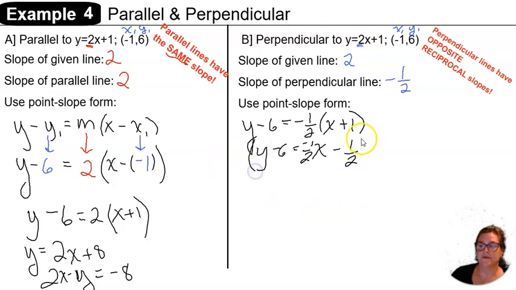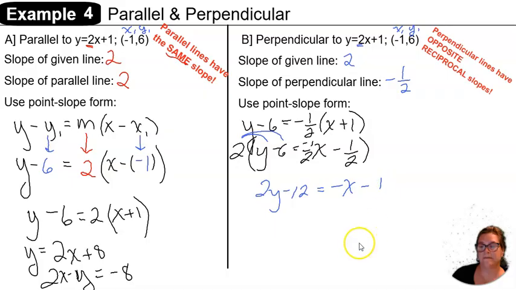Now I'm going to multiply through by 2 to get rid of those fractions. And distributing that 2, I have a 2y, 2 times negative 6 is negative 12, is equal to 2 times negative 1/2 is a negative 1, then x, 2 times negative 1/2, again, is a negative 1.